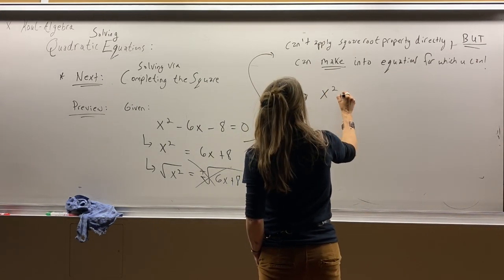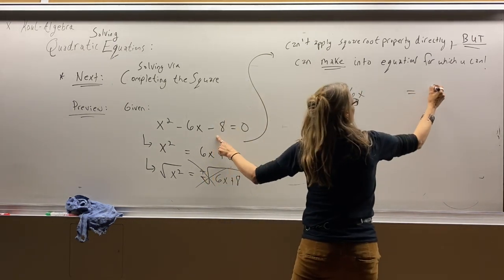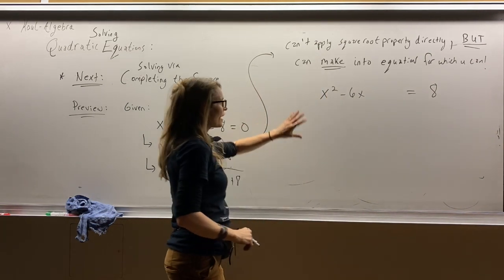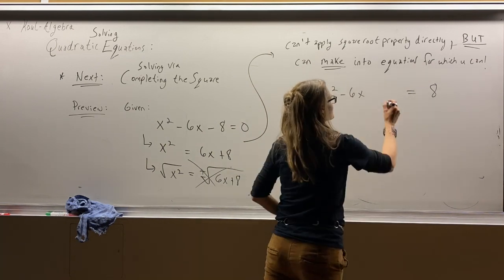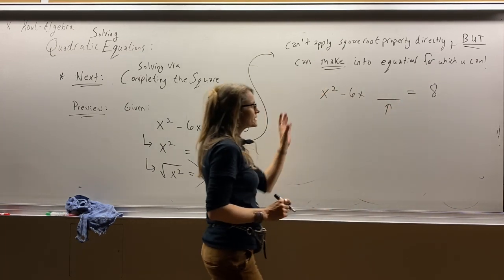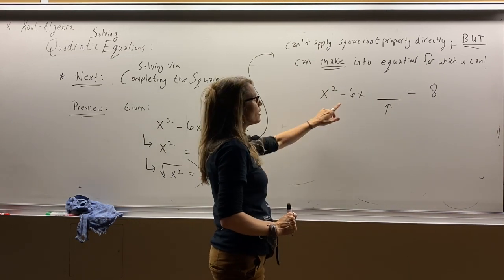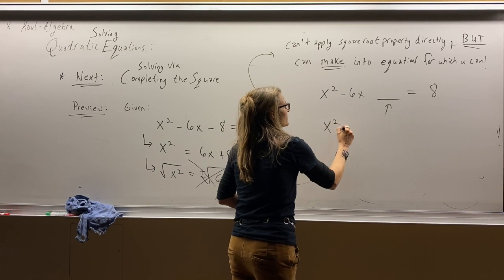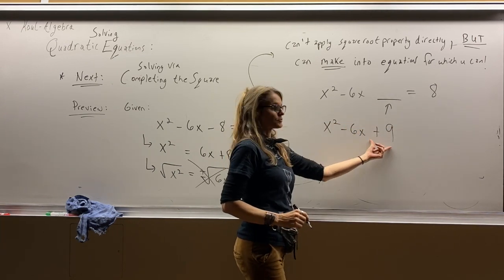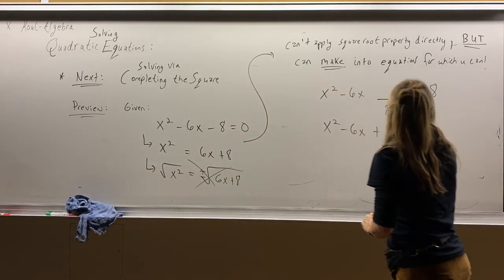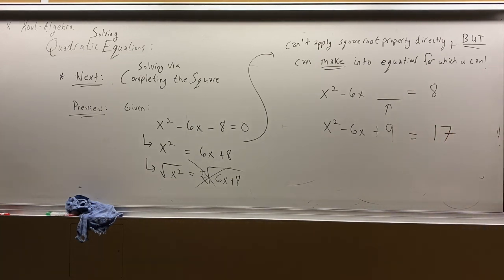What happens when we complete the square is I have my ax squared and bx term. I bring my c term over and I leave a little space. And I come up with a combination here that will make this a perfect quantity square. There's a little technique involved, and you might be able to figure out how I produce this positive 9, which is the number I add to complete the square. And I'll do the same on this side so that I have this value.